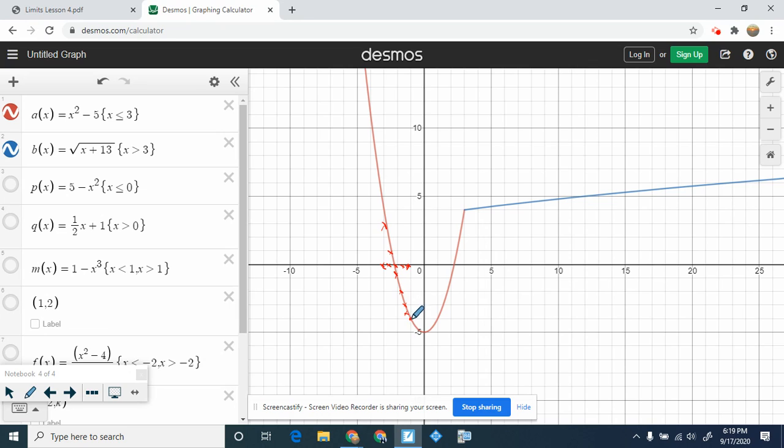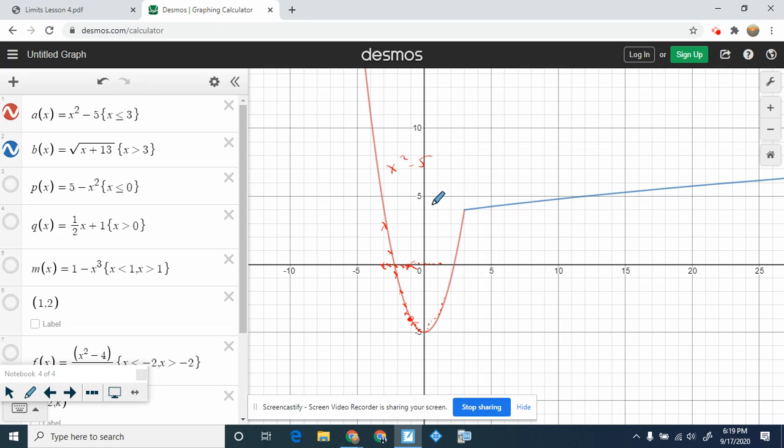Well, it looks like that y value. But remember, it's not just about coming in from one side. You've got to come from the other side. So as my x values get closer and closer and closer to -1 from the right, what are the corresponding functional values getting close to? And hopefully you're saying -4. And that's what we got. That's what those little limit buggies would be tracking. So hopefully now it makes sense to you why you're only plugging into this piece, this x squared minus 5 piece, right?